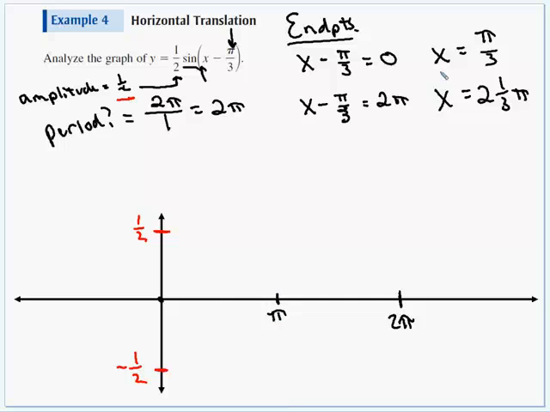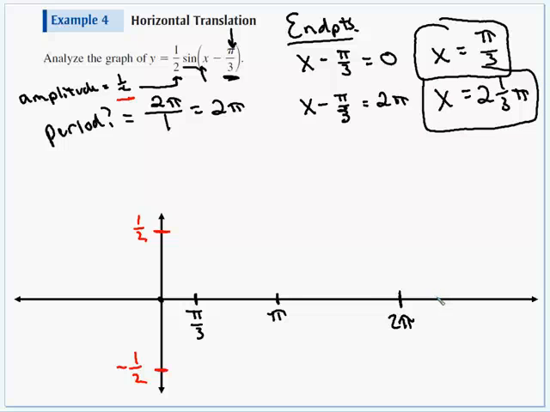But now we have this shift. We've been shifted 1/3 pi. So our starting point isn't 0, it's now pi over 3. And then our end point is 2 and 1/3 pi. So right about here we'll put 2 1/3 pi.